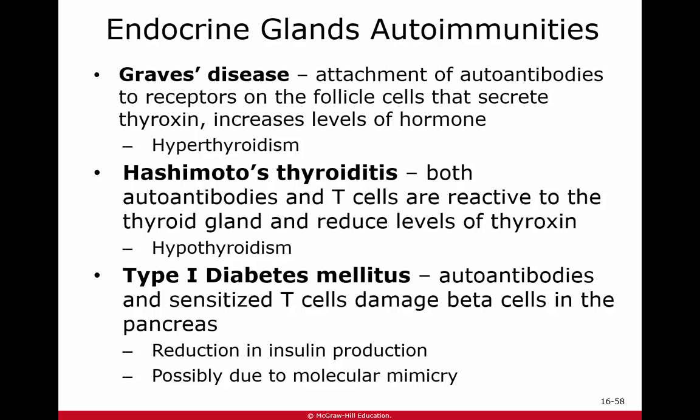Now your endocrine glands can also have this happen. Graves' disease affects your thyroid and causes increased levels of thyroxine, the hormone that's produced by the thyroid, and you have hyperthyroidism. Hashimoto's causes underactivity of the thyroid, and so you're going to make less of that hormone, and it's hypothyroidism. Type 1 diabetes goes after the cells in your pancreas and affects your production of insulin.